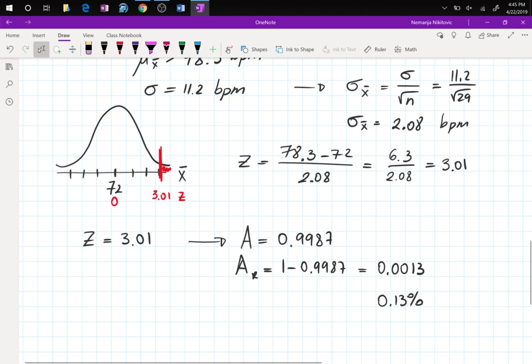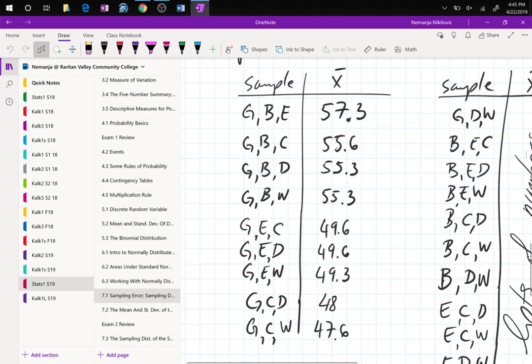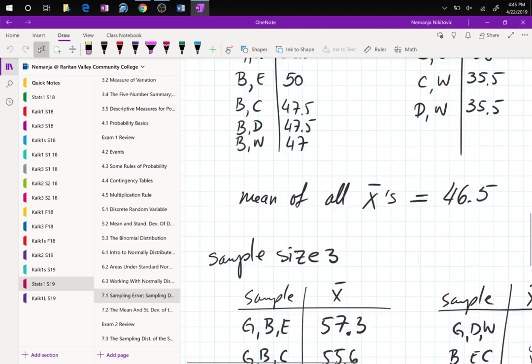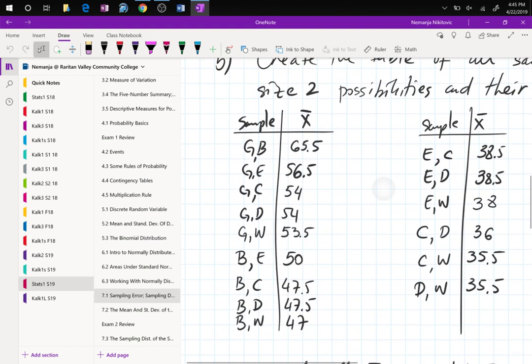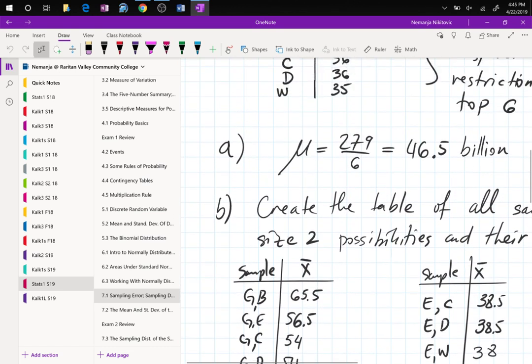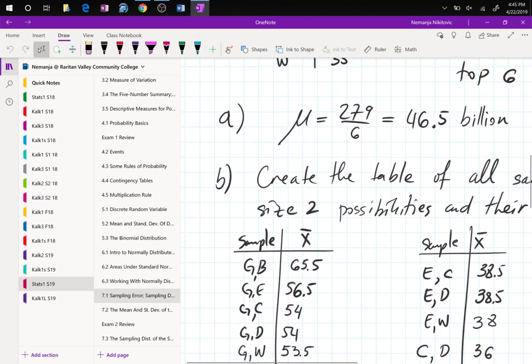Let me jump back to 7.1 where we have an example about Bill Gates and all of these rich guys, right? And we said that their mean is 46.5 billion, which is the mean of the population.